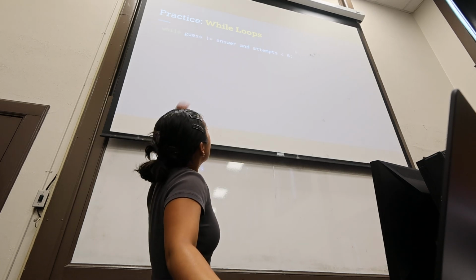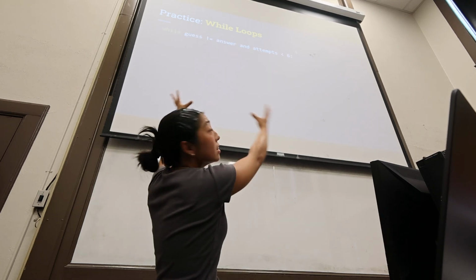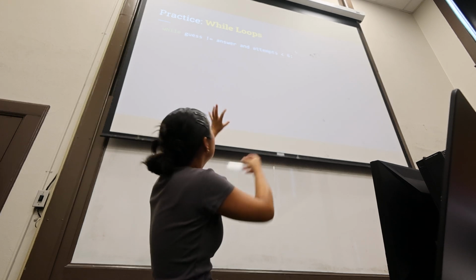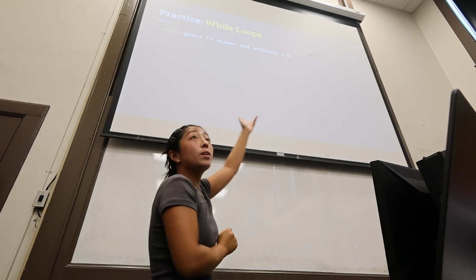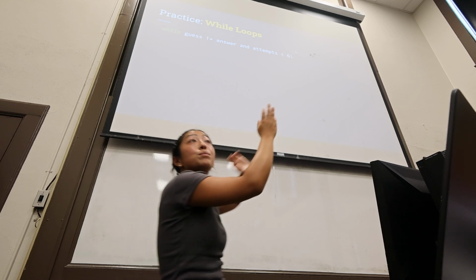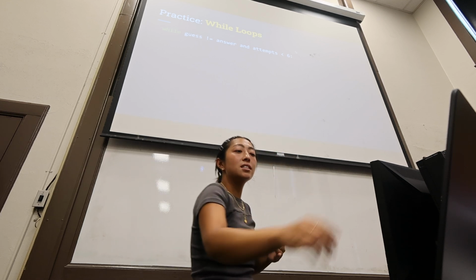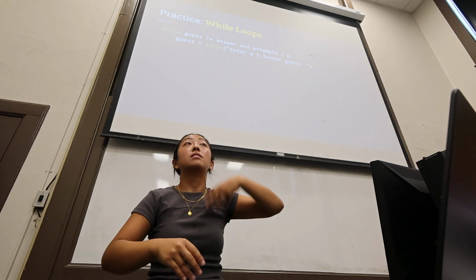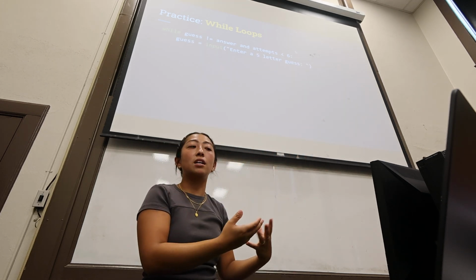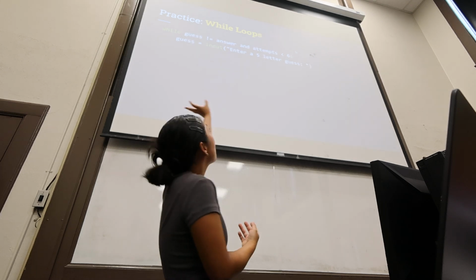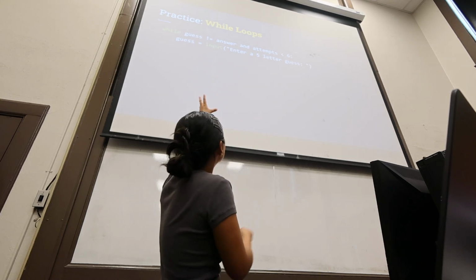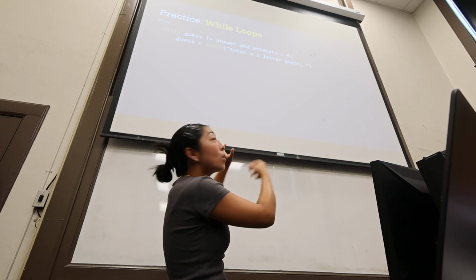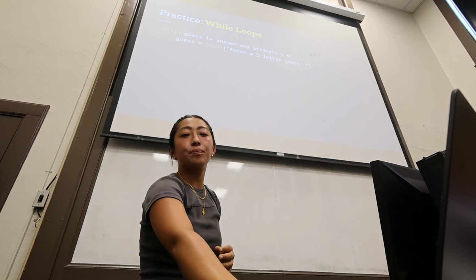So I have while and then the condition that I'm anding together: while my guess is not equal to answer and I'm still at less than 6 guesses, what am I going to do? I'm going to keep asking the user for a guess because the game's not over yet. It's only over once one of those or both of those conditions are met. Either they've gotten the answer right or they've already gotten 6 tries.